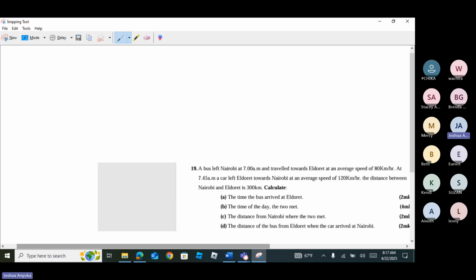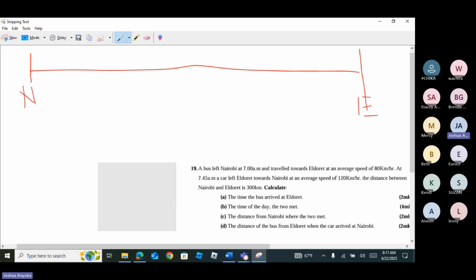Bus left Nairobi at 7 a.m. and traveled towards Eldoret. So there are two towns. One is Nairobi, another one is Eldoret. A bus left Nairobi at 7 a.m. and traveled at an average speed of 80 kilometers per hour.